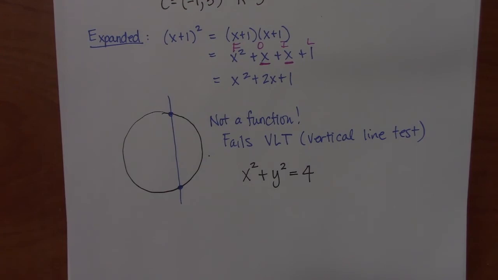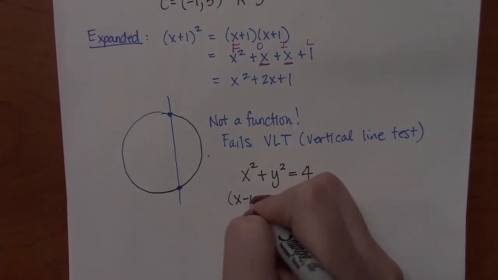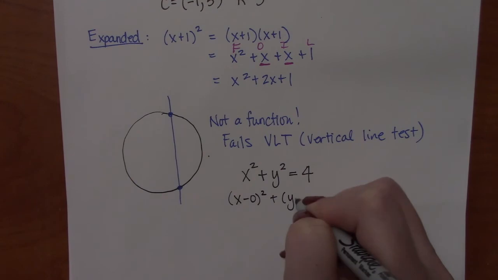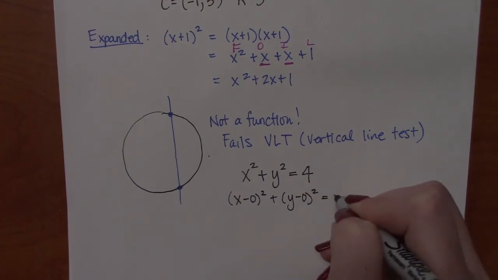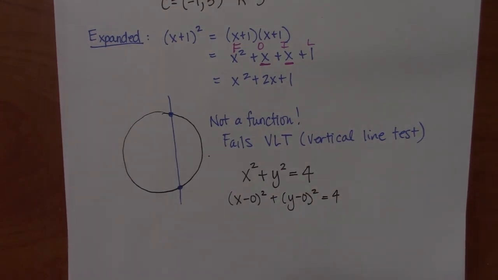Because what we've got here is, we're not going to write it out, but what this is saying is this is the same thing as writing this, right? But we don't write x minus 0. That's silly, because x minus 0 is just x, right? So this is a circle centered at the origin, right, with a radius of 2.